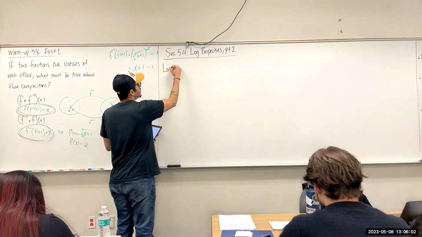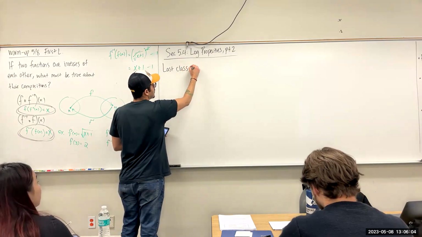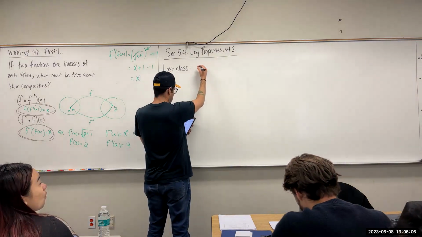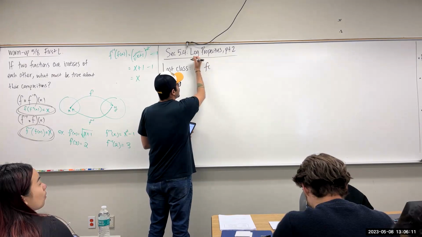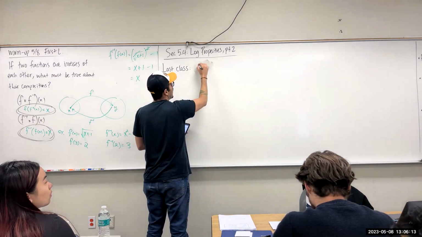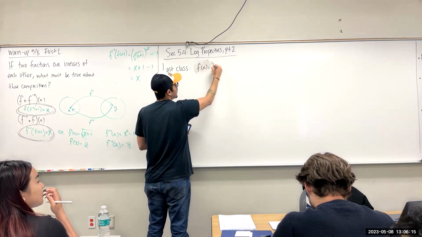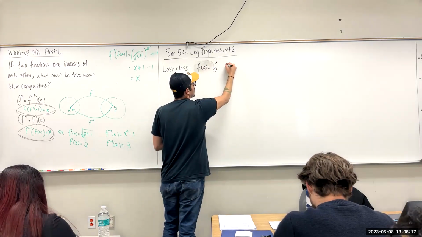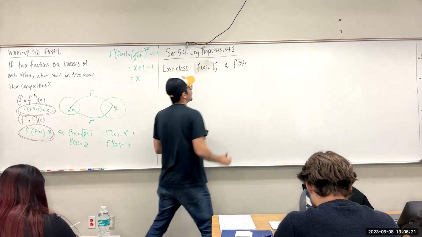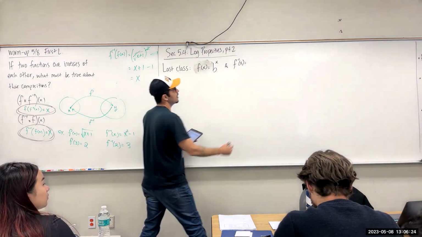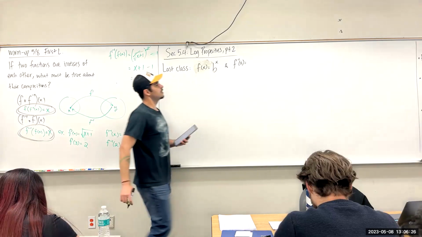So last class on Wednesday, what we found was that if f of x equals some base to the x, and we try to solve for the inverse function of that, what did it look like?